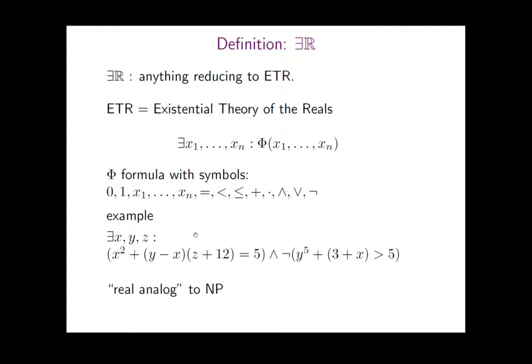It's sometimes referred to as the real analog to NP. I like to call it the real analog to NP because here we have a formula and we have real variables, and in NP we have Boolean variables and a Boolean logical formula. Here we have an arithmetic formula.